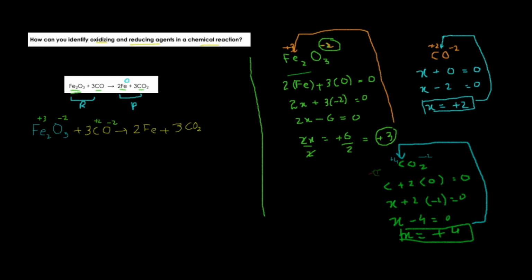Iron, as I have told you earlier, is in a free state, so it has 0 state. And in case of carbon dioxide, carbon has +4 oxidation state, and oxygen -2. So now in this case, as you can see, iron is moving from +3 to 0.